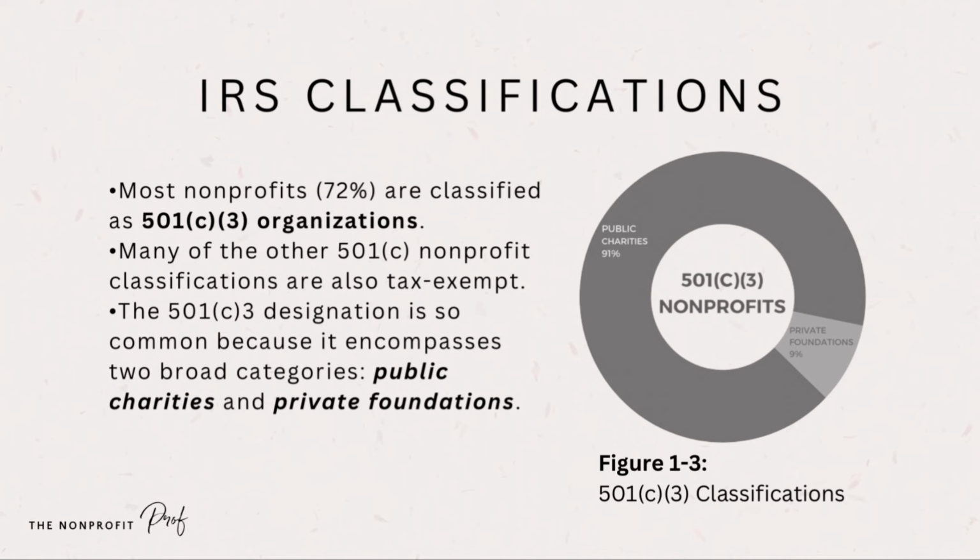Now, let's look specifically at 501c3 organizations. The overwhelming majority of 501c3s are categorized as public charities. Specifically, 91% of 501c3s are public charities. That other sliver of the pie, the other 9%, are private foundations.